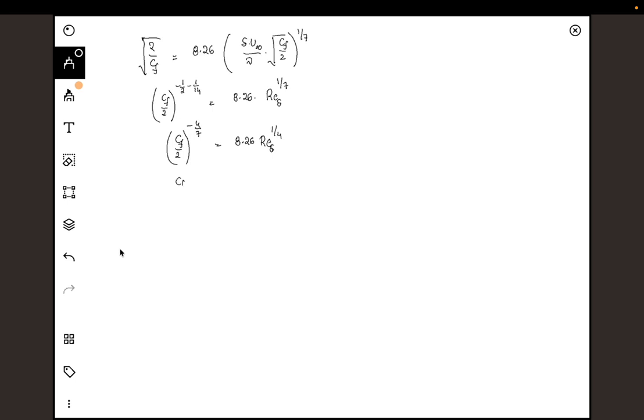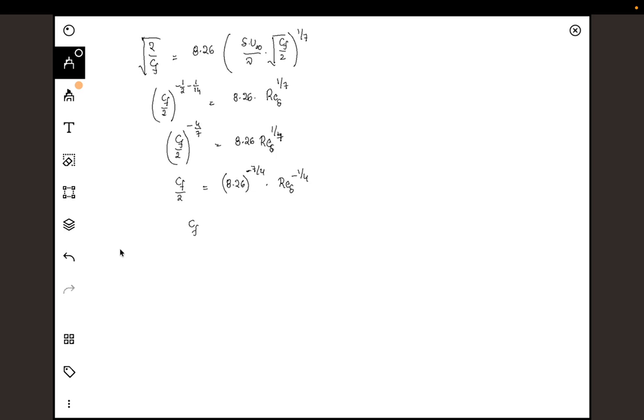So if I just take it to the other side, I have Cf by 2 as 8.26 to the power minus 1 by 4, sorry, minus 7 by 4 times Re delta. So this is minus 1 by 7, so I have minus 1 by 4.